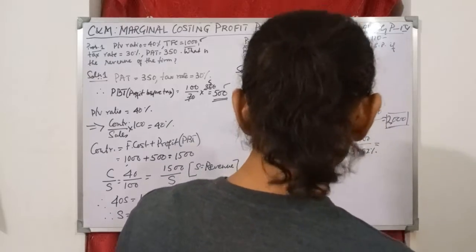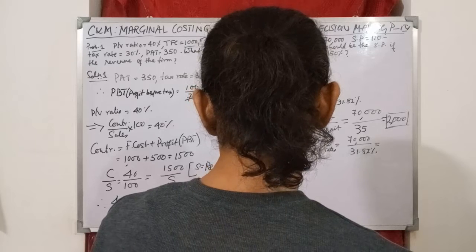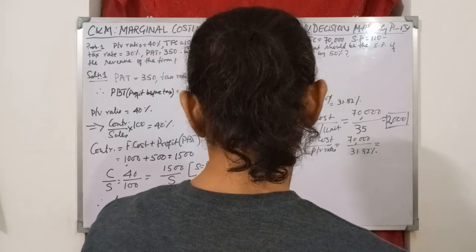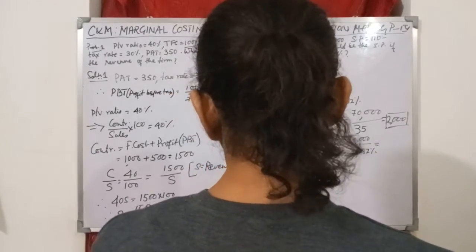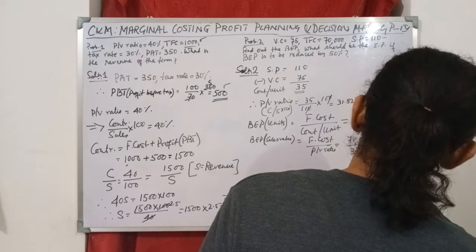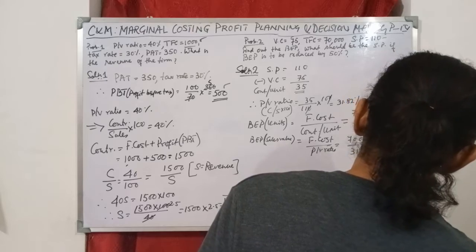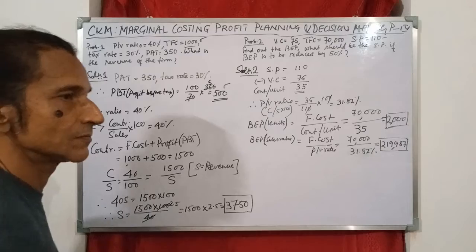So that comes to, let us see, 219,987. This is the break-even sales in terms of money of the firm.